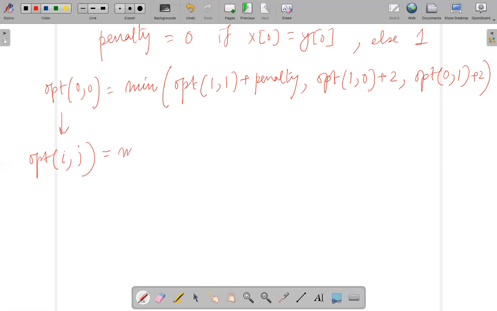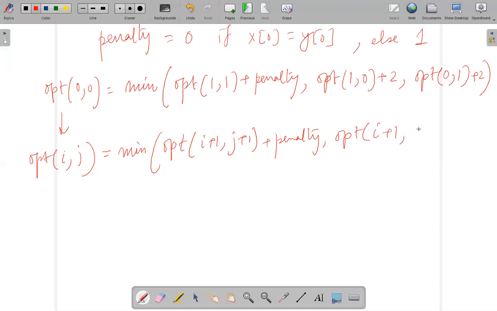OPT ij is minimum of OPT i plus 1 j plus 1 plus penalty, OPT i plus 1 j plus 2, and OPT i j plus 1 plus 2.